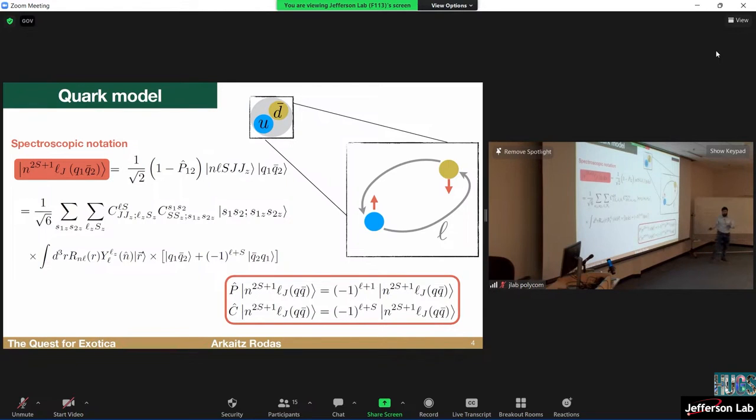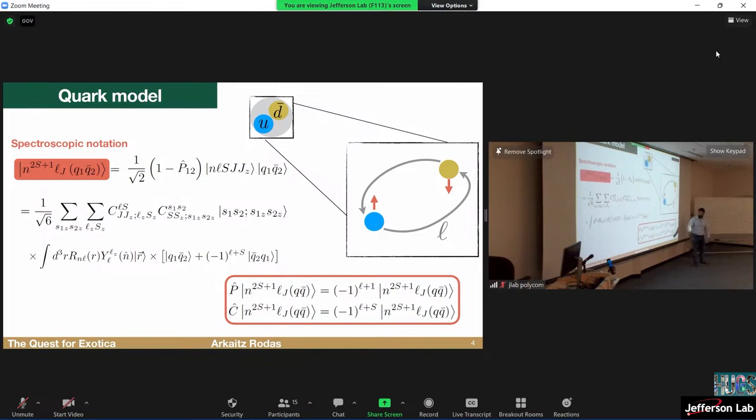So whenever we have a hadron built by quarks, we will have the (-1) to the L, depending on the angular momentum of this hadron. And then a +1, because parities of quarks and antiquarks are opposite, right? So plus and minus is minus. So this +1 because we have quarks and antiquarks.